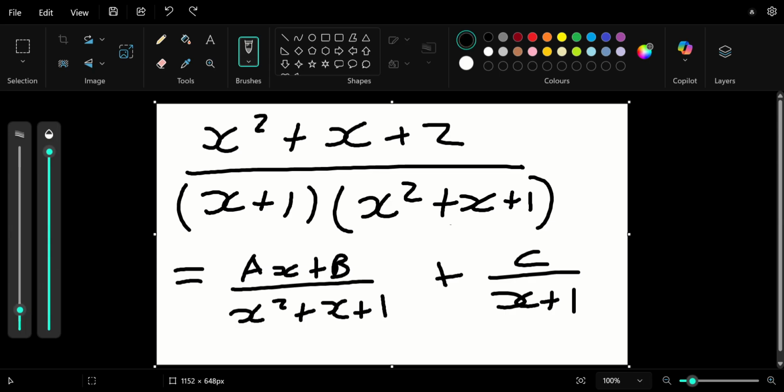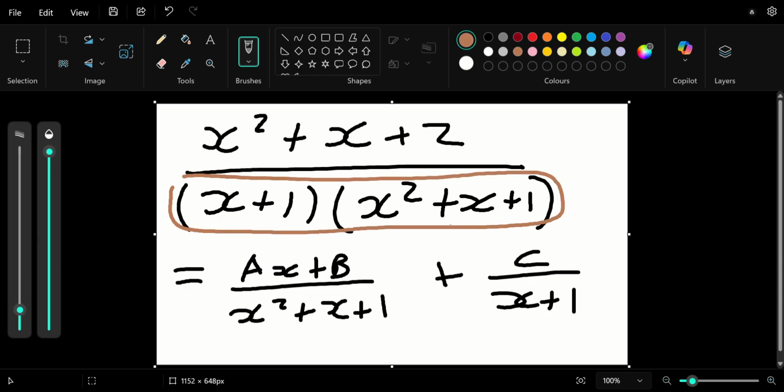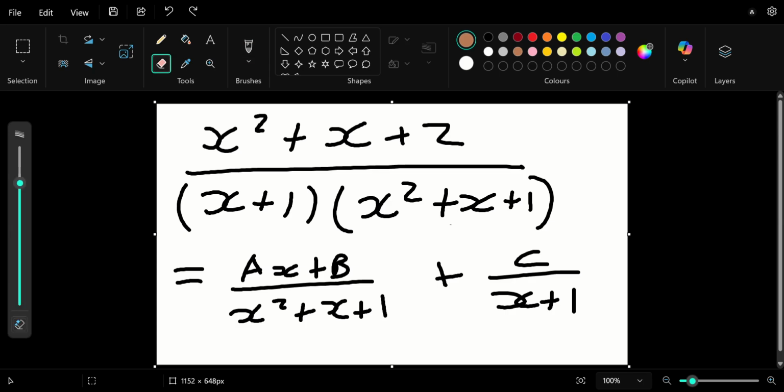Let's start breaking it down. So we multiply by the denominator on the left hand side. So on our right hand side, we'll actually have the expressions of ax plus b.